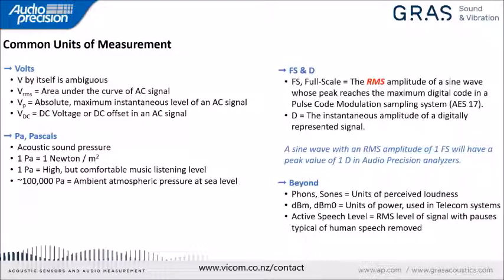But just to cover it, a Pascal is a unit of sound pressure. So in SI terms, 1 Pascal equals 1 Newton, a unit of force, per square meter. So 1 Pascal is 1 Newton being applied over a square meter.